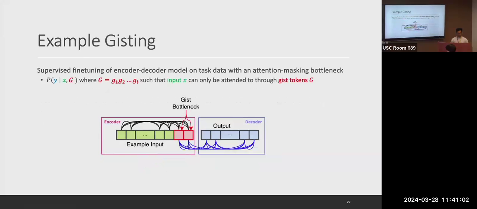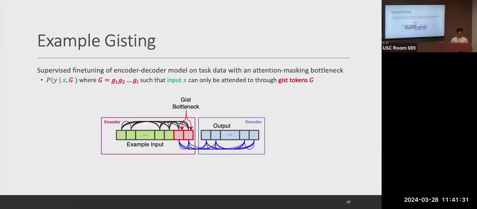Okay, so to operationalize this, the way we do it is that we train an encoder-decoder model where there's an attention masking bottleneck between the decoder and the encoder. The encoder gets as input the task input, a review in case of sentiment classification, and some tokens called gist tokens that don't have any meaning.